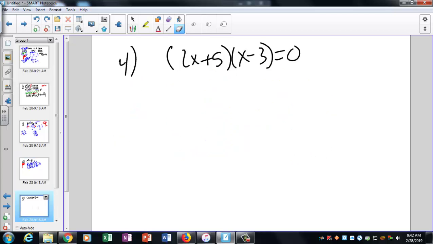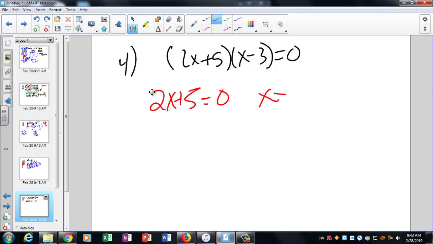All right, number 4. How do we solve if I have 2 parentheses equal to 0? All you want to do is take each one of those 2 pieces and set it equal to 0. Just solve them independently. Now, why is that?